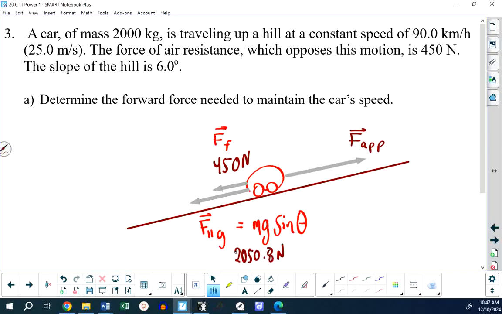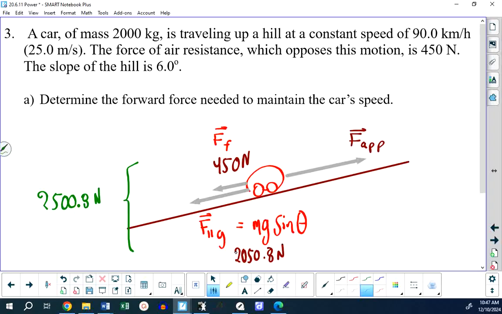That means the total force backwards, oh man, let's call it 2,500. Are you with me on that, that you add those two forces together? This total force backwards is 2,500, and if you want to be pedantic about it, which means picky, we can include that 0.8.